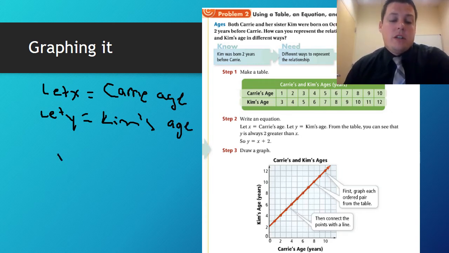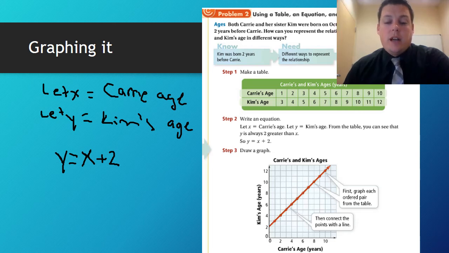So if we're going to start an equation here, y is Kim's age, and we know that Kim was born 2 years before Carrie, which means that Kim must be 2 years older than Carrie. So Kim is going to be Carrie's age plus 2. That's where we get y equals x plus 2. We could do it that way, or we can start the chart first. Well, let's start a chart. We're going to call Carrie x.